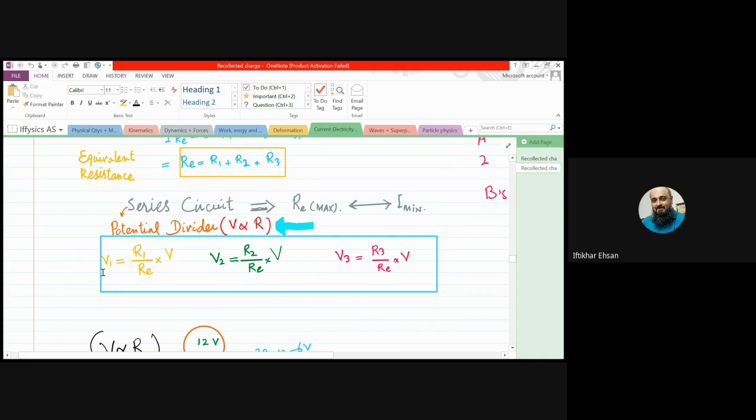Then the voltage across the first resistor will be R1 over RE multiplied by the total voltage of the source battery. Similarly, the voltage across the second resistor will be R2 divided by RE times the total voltage. Similar for the third appliance.